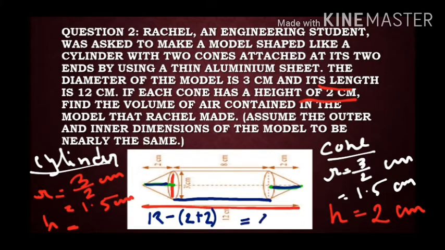So, the result will be 8 centimeter. So, the height of the cylinder will be 8 centimeter. I can consider this notation as H1 because I have used h here also. So, these are the given data of the figure.